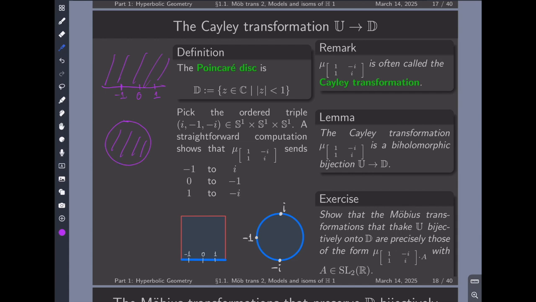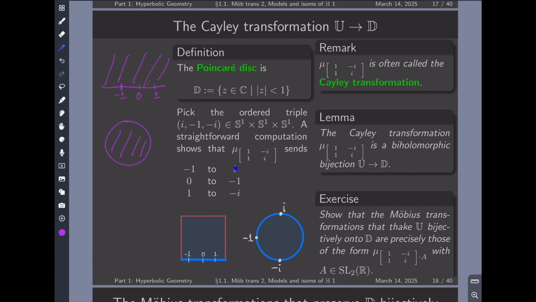If I do that, I will automatically have this whole thing going into this whole thing. So I have many Mobius transformations that send this to this, and they are all easy to find. But I'm going to give only one.